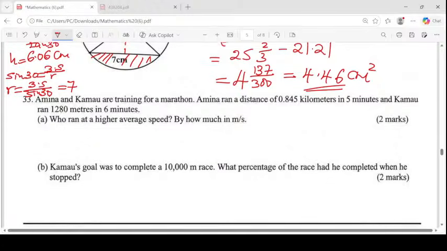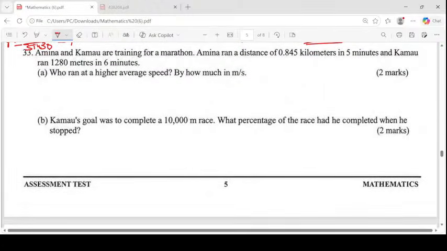Allow me to go to question number 33 now. Amin and Kamau are training for a marathon. Amin ran a distance of 0.845 kilometers in 5 minutes, while Kamau ran a distance of 1,280 meters in 6 minutes.